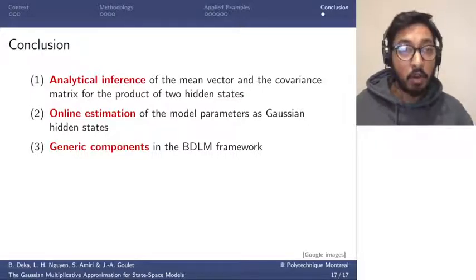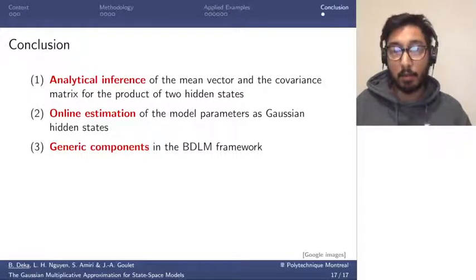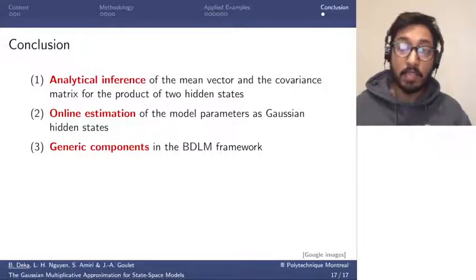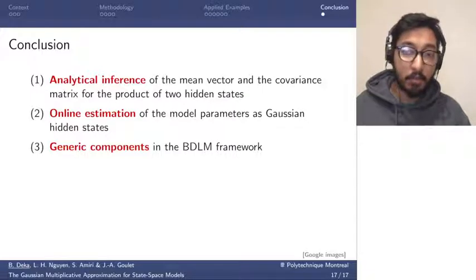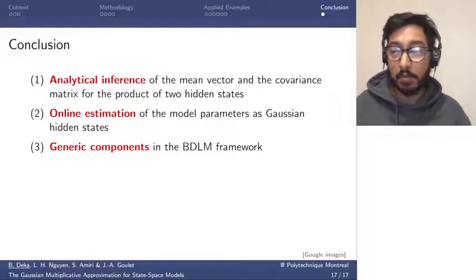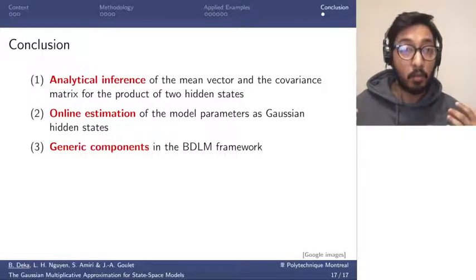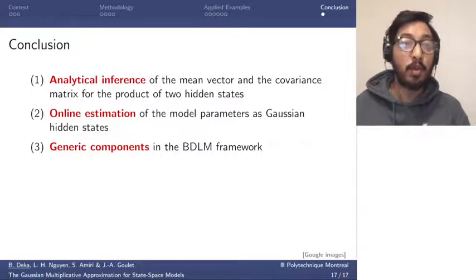As we saw, we can create new generic components in the BDLM framework using the components that are already available. So we have a lot of components available in order to model periodic patterns, to model a baseline evolving with time. Using our method, we can create new components.